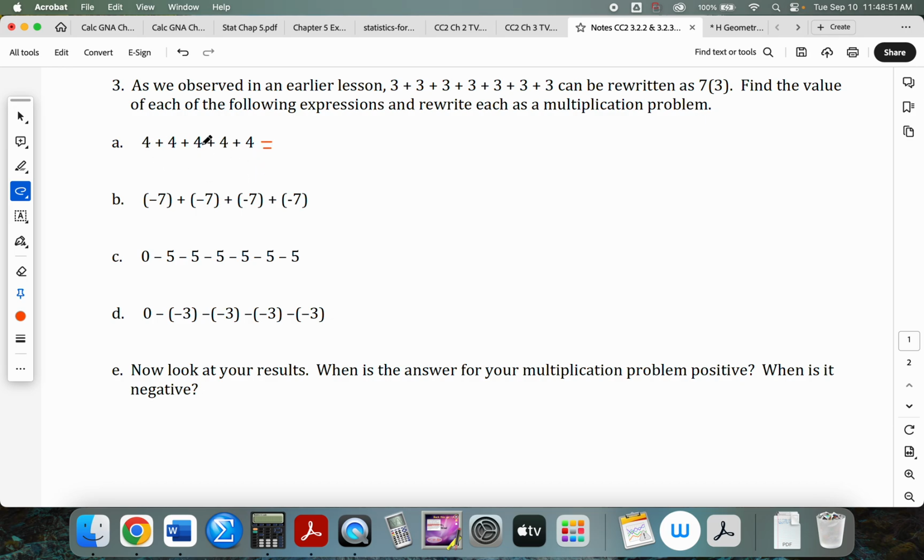So there are 1, 2, 3, 4, 5 fours. So that's 20. So here I've got 1, 2, 3, 4 negative 7s. So that's negative 28.